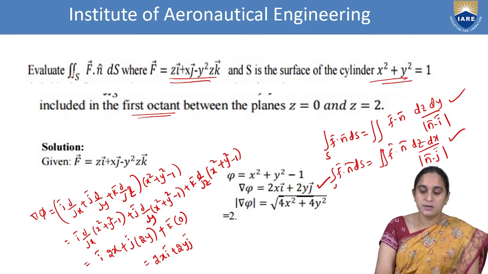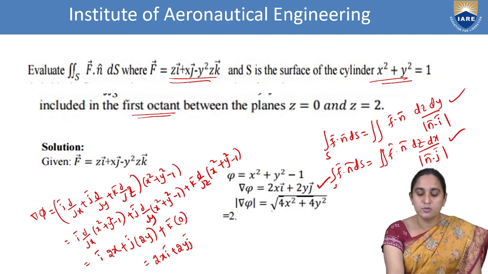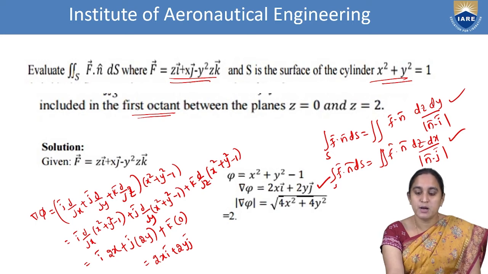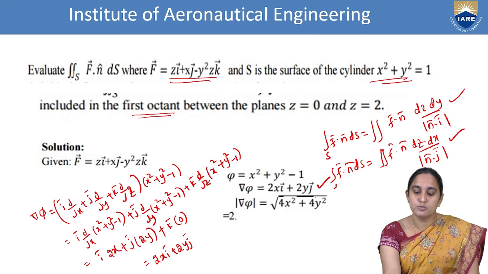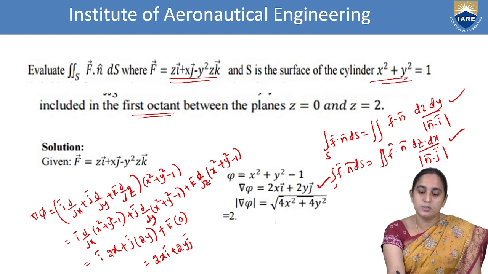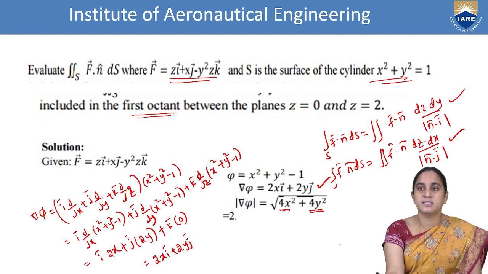Therefore, modulus of del phi is equal to what? Modulus of del phi is equal to under root of 2x whole square plus 2y whole square, that is the root of 4x square plus 4y square.